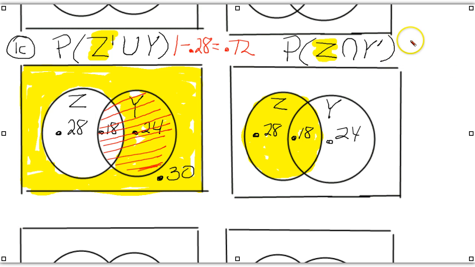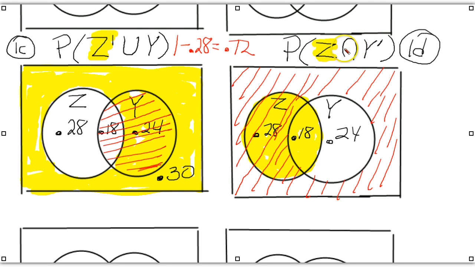Into example 1D now, we want to have Z intersecting with Y complement. So I've shaded in yellow what Z would be. Now I'm going to use red to shade in Y complement.